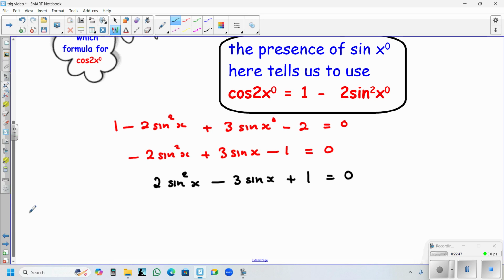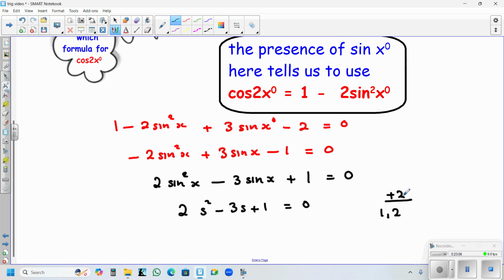So now we want to factorise that. If you want, you can write down 2s squared minus 3s plus 1 equals 0. We're looking for factors of 2 times plus 1, which is plus 2. 2 is a prime number, so only 1 and 2 are the factors.